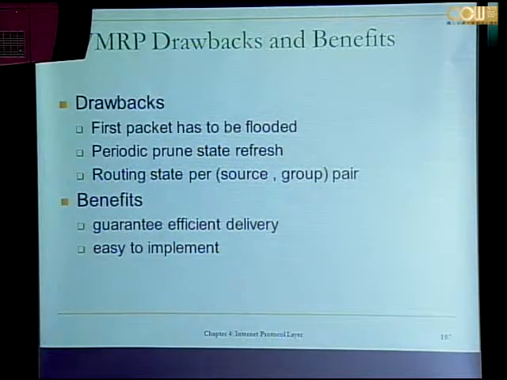Okay, so it says that it's not scalable, especially if it's a sparse network. The group membership is sparse. What does it mean by having sparse group members? It means that they are scattered far apart, say one in Taiwan, one in the US, one in Europe. Then all the routers in between need to keep the prune state.